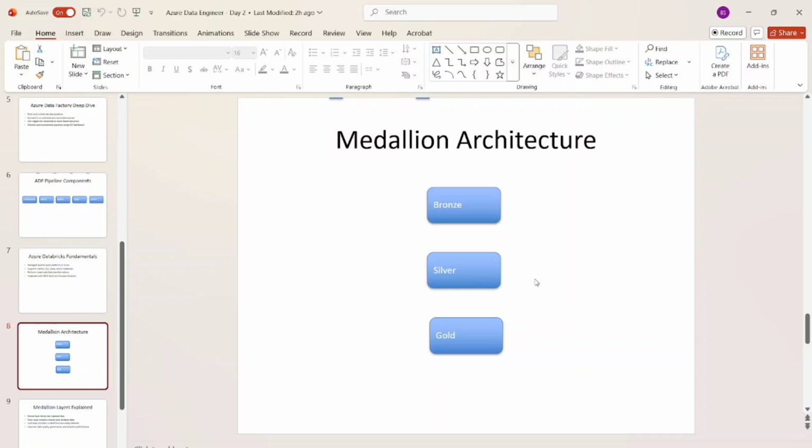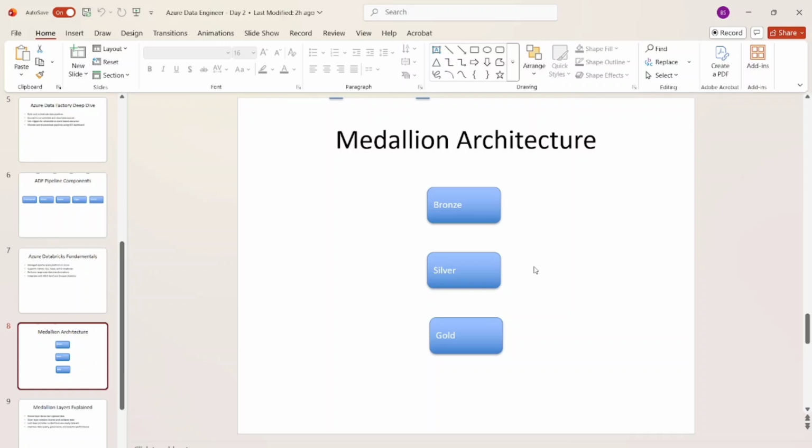It generally contains cleansed, standardized, and enriched data. When it comes to the silver layer, we generally do all the transformations here. We remove the duplicates: data quality checks, duplicate removal, schema enforcement. Everything is done in this silver layer.